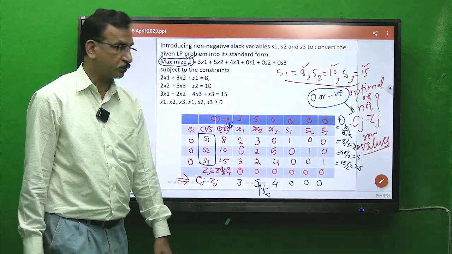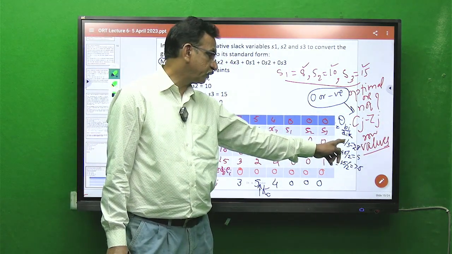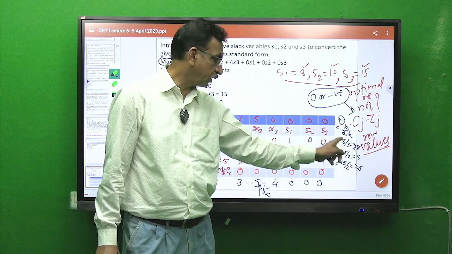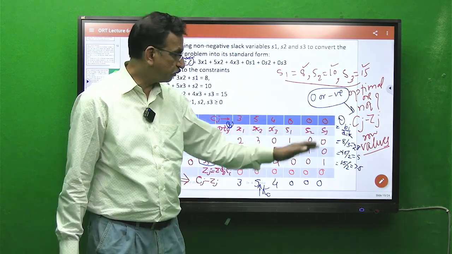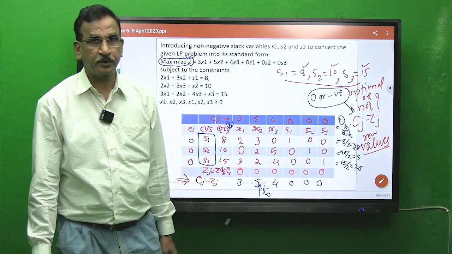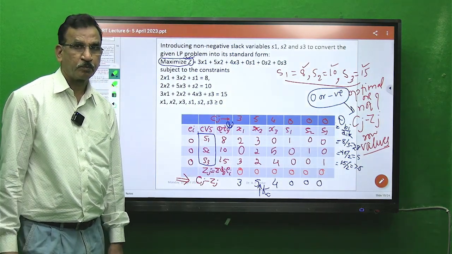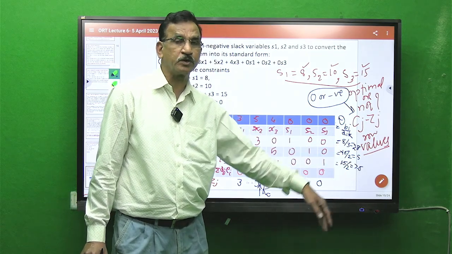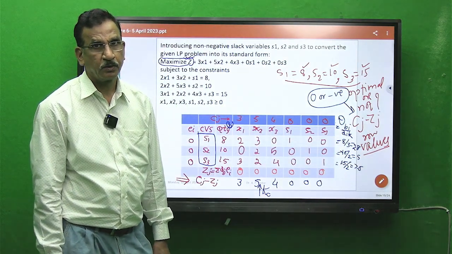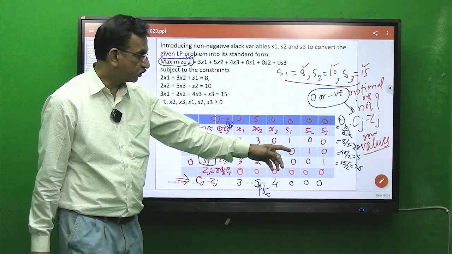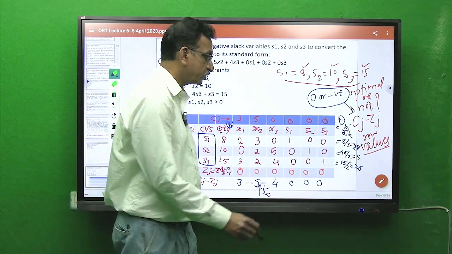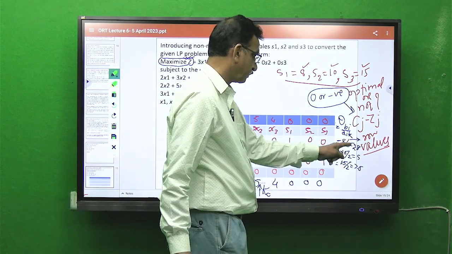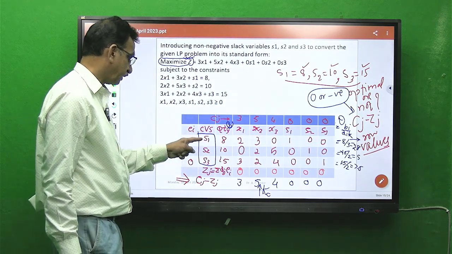It is definitely not 3. 9 by 3 will be 3, so definitely it is less than 2.8. Amongst these values, we have to see which is the smallest positive theta. If you compare these values, the smallest positive theta is this one, which is representing S1.